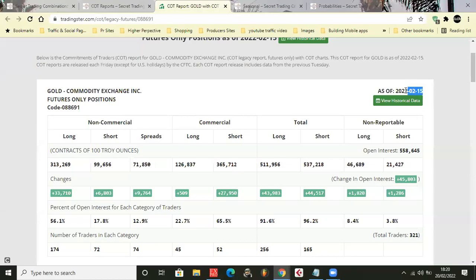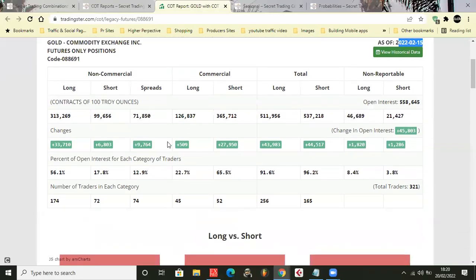On the 15th, these commercial people are the ones we want to focus on. Ignore non-commercial, we don't care about them, ignore non-reportable, ignore the total, focus here. As of the 15th, these commercial guys started selling 27,000 new positions, and some of them are buying, 509 positions.